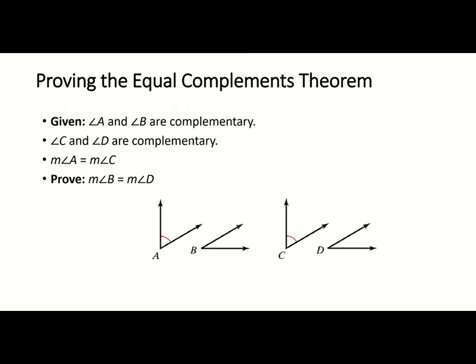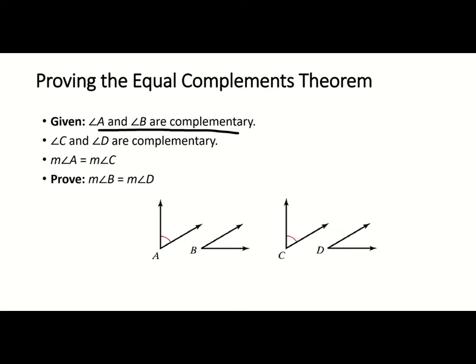Okay, so now we're going to do a proof. And I apologize, I can't fit it all on one slide. But what we are given is that A and B are complementary angles. So we know A and B together add up to 90 degrees.